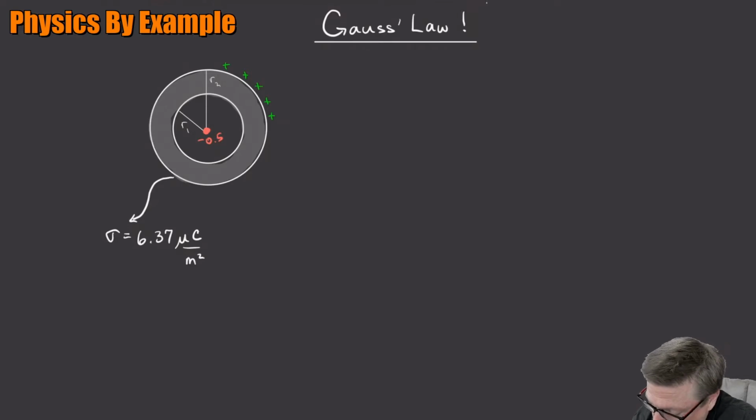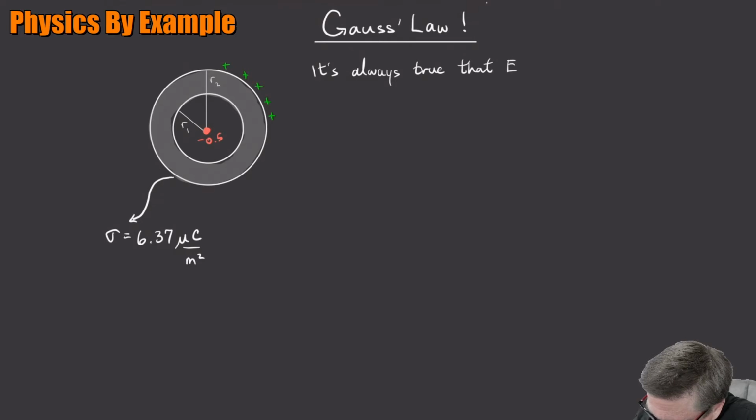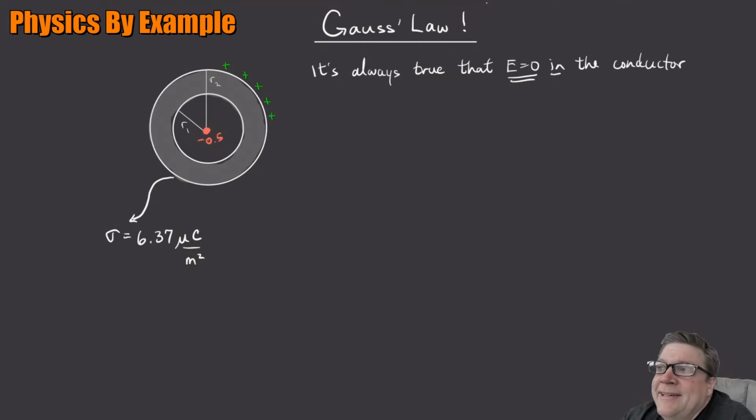Now, what's always true is that the electric field is zero in the conductor. So in the meat of the conductor, in between R1 and R2, that electric field is going to be zero.